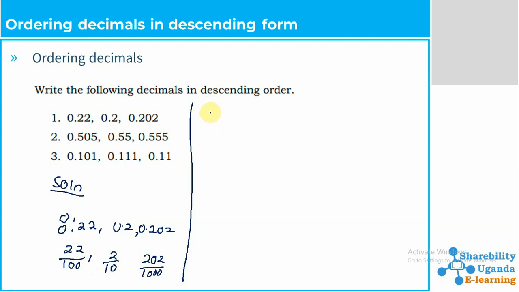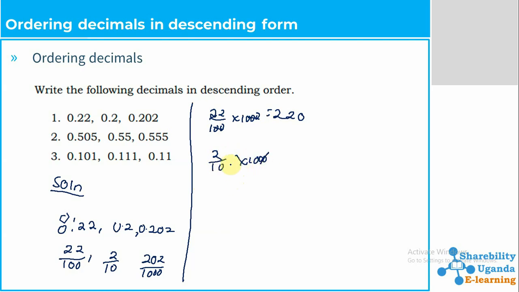So if we use 1,000, our 22 out of 100 is going to multiply by 1,000. So here we shall cancel these 2 zeros, and our answer shall be 220. Then we have our 2 out of 10 times 1,000.